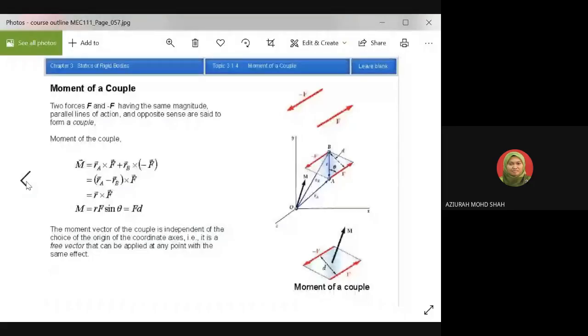Chapter 3. Chapter 3 you have to pay attention especially in moment. Chapter 3 dia extension sahaja daripada chapter 2. Okay. Dia cuma tambah moment saja. Sikit kan? Macam lah tambah satu benda je. Tapi cerita dia panjang.